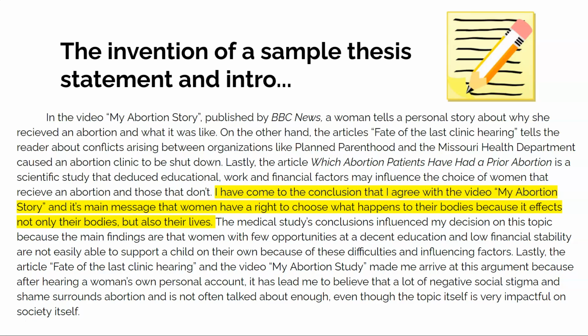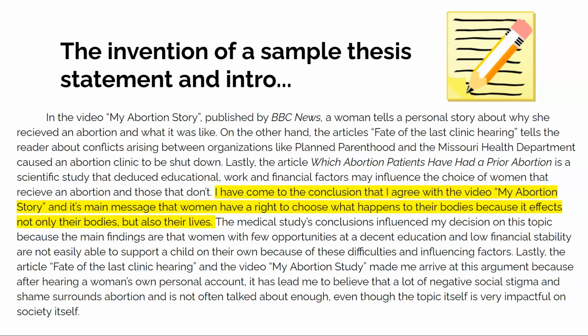And what I do from here is compare those sources a bit further. So I use a transitional phrase. So I go on to say, on the other hand, the article Fate of the Last Clinic Hearing tells the reader about conflicts arising between organizations like Planned Parenthood and the Missouri Health Department, caused an abortion clinic to be shut down.